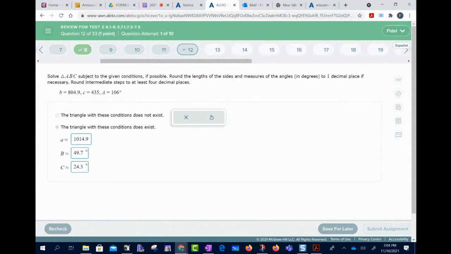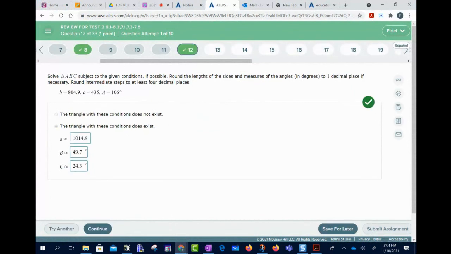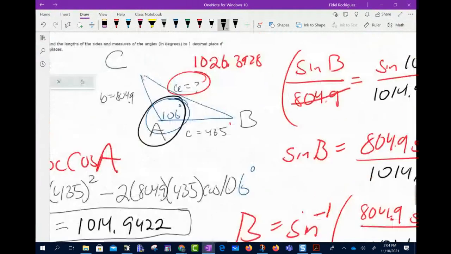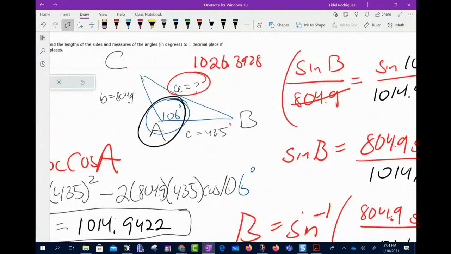And let's go recheck. Boom. All right, there we go. Much better. So, yeah, I'm guilty of it too, y'all. But you can see what I'm doing. The first thing when I did this problem, I drew the picture. Then I asked, can I use the law of sines?